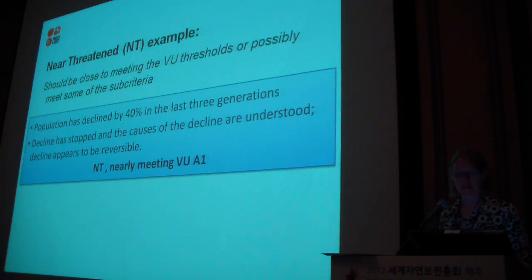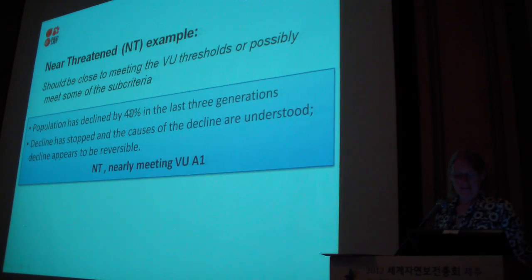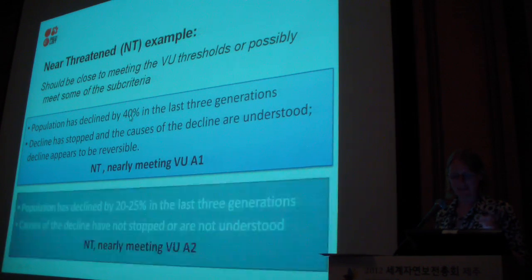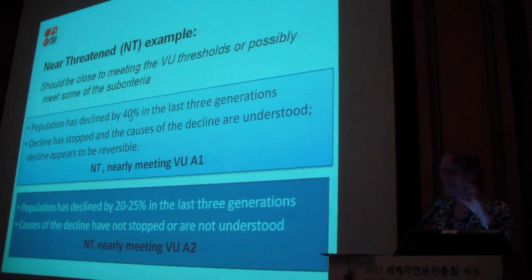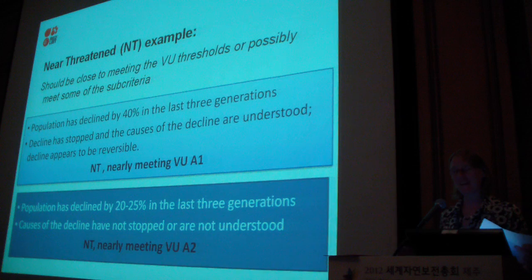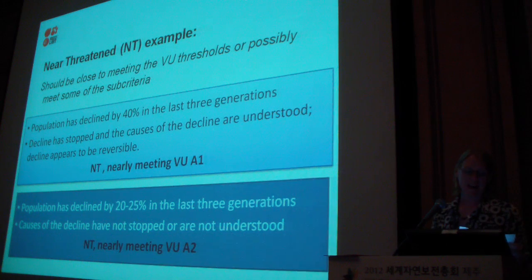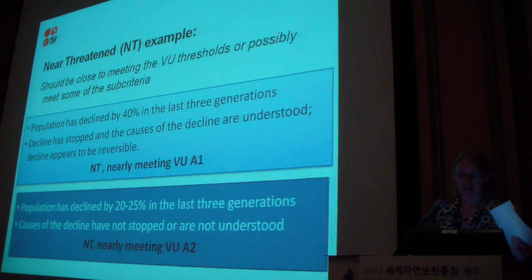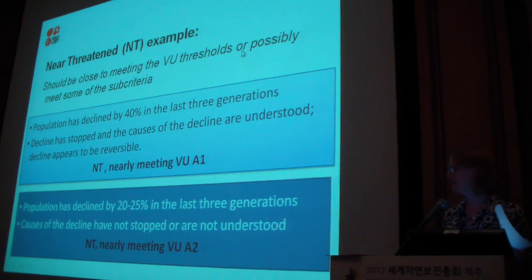I need more sleep. Okay, sorry. Criterion A1 then. Yes, because it's not more than 50%. Because it's a 40% decline, it doesn't quite meet that threshold, so it would sit in near threatened. If you were basing this on A2, then it would have to be less than 30% decline to meet criterion vulnerable A1, A2. I clearly need coffee.